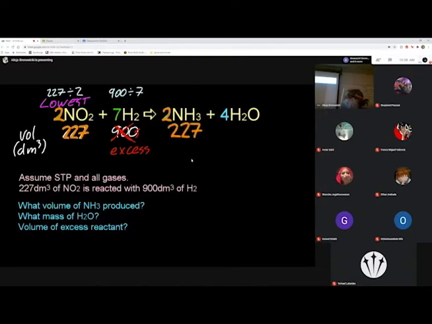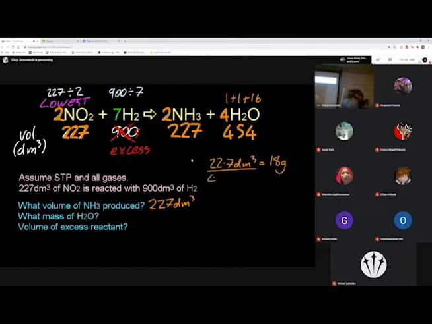So 2 is to 227, as 2 is to 227. Okay, that's the first answer. What's my mass of water? Well, 4 is to 454, and a little cross multiplication gives me 360 grams. The volume of excess reactant, well, I put in 900, that was too much.